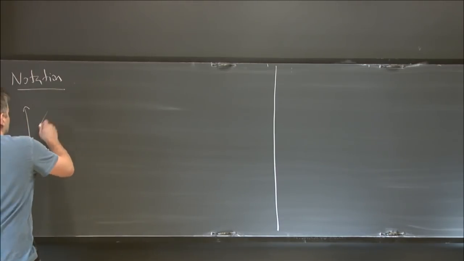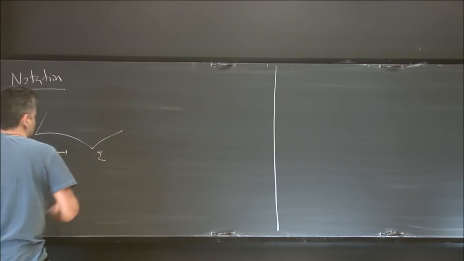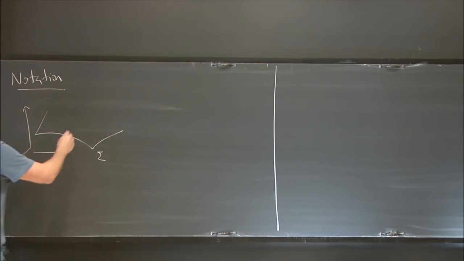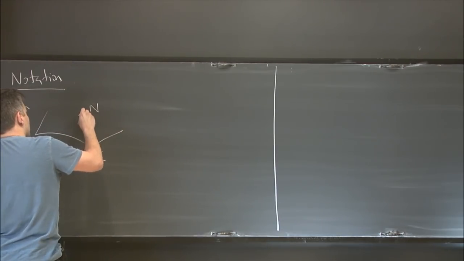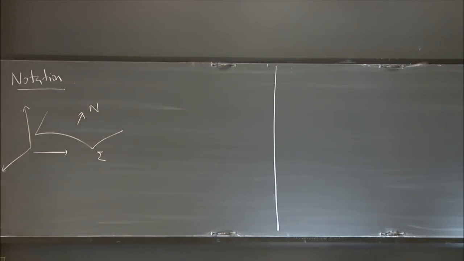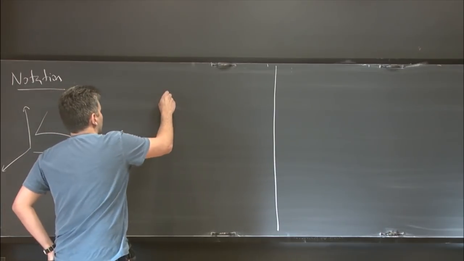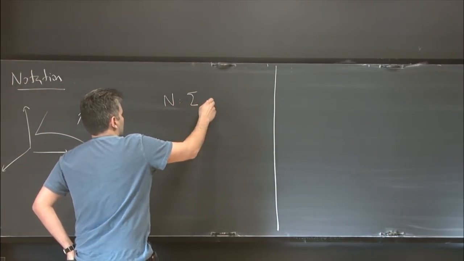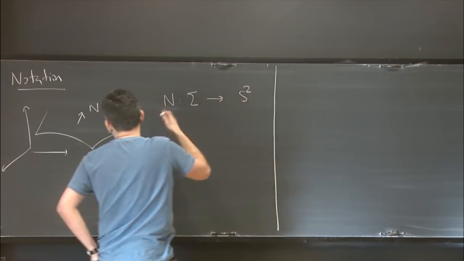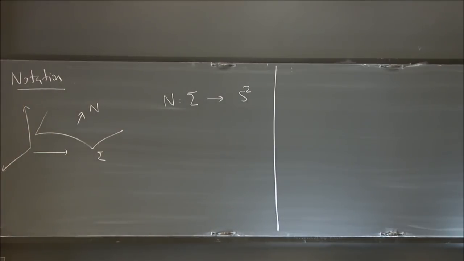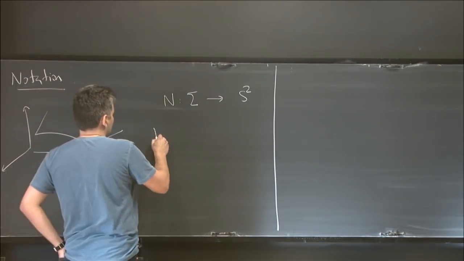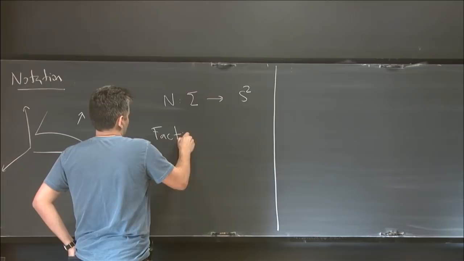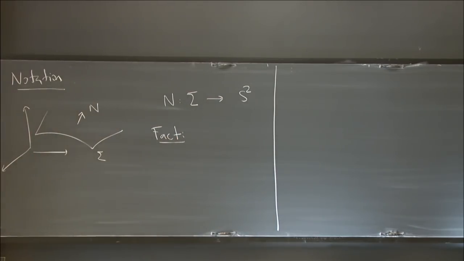Let me state here the notation that I'm going to use. Here's the surface in R3, and for us, the Gauss map is going to be one of the main actors of the talk. This is just a map from sigma to the sphere, the unit normal vector. And there is a fact that makes the theory in R3 very, very rich.